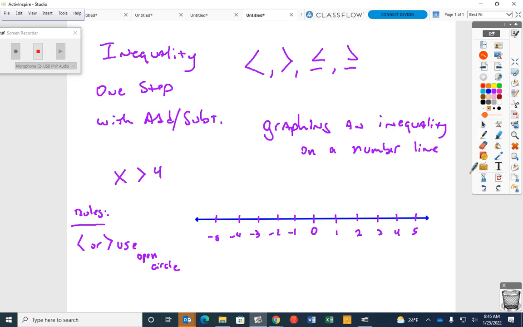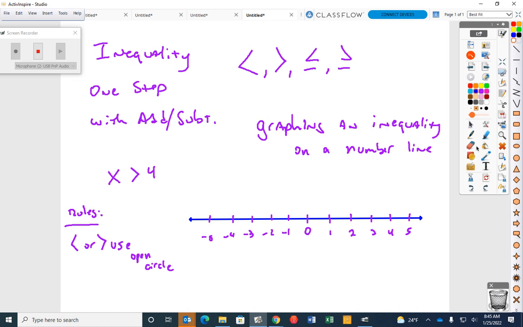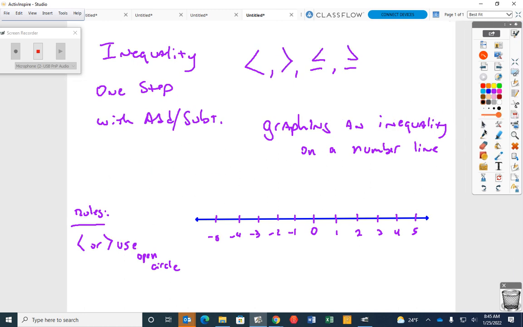Now let's take a look at another one. Let's say I have this inequality: x is less than or equal to -1. Now this time, do I have just a greater than or less than? No, I have an "or equal to." So when we did greater than or less than, we used an open circle. What do you think we're going to use if we have "or equal to"?